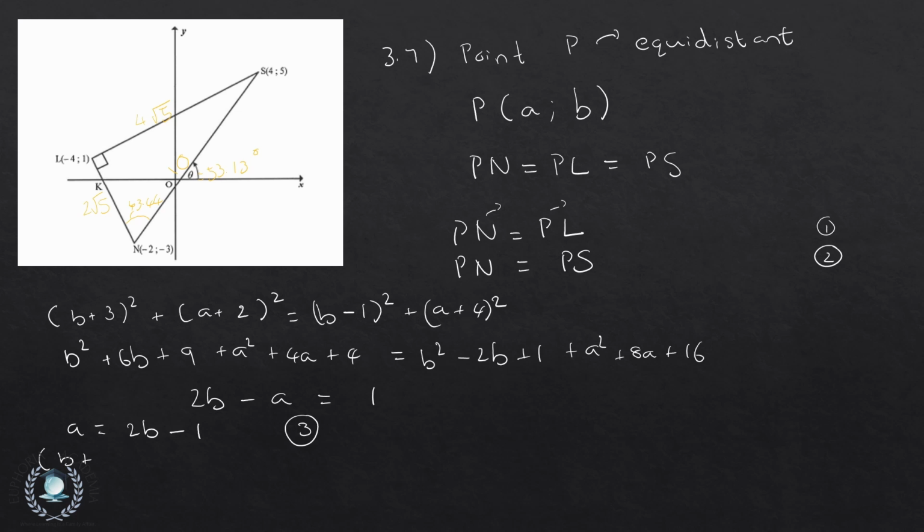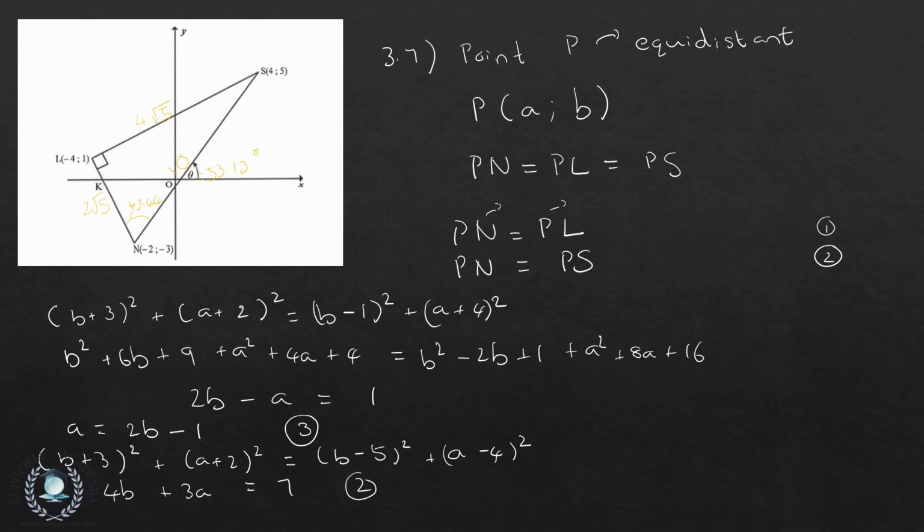We're going to find that (b plus 3) squared plus (a plus 2) squared is going to be equal to (b minus 5) squared plus (a minus 4) also squared. And that will be our equation 2, and after expanding, we're going to find that this equation is going to be 4b plus 3a equal to 7, and that's our equation 2.